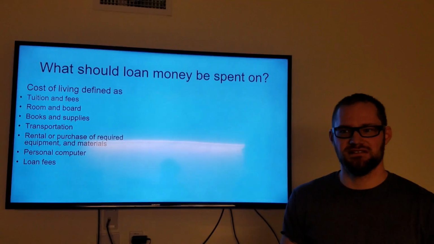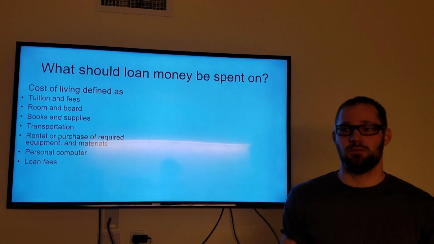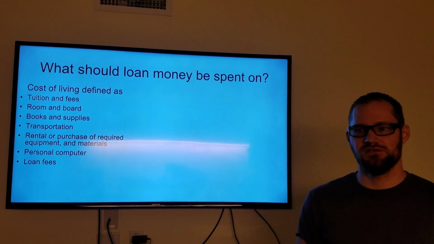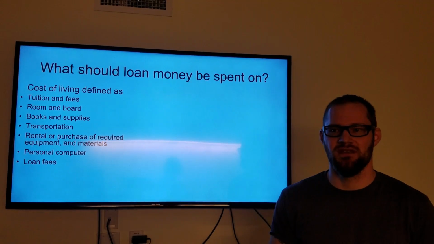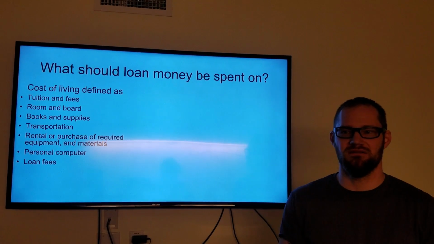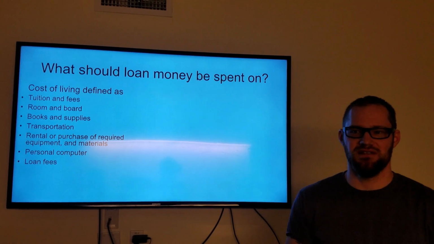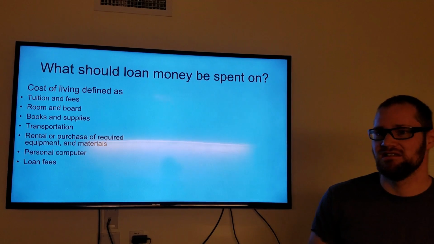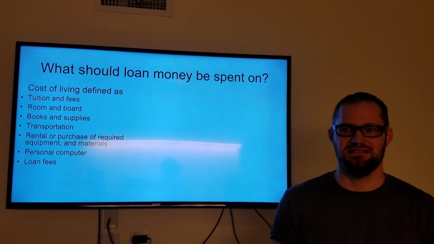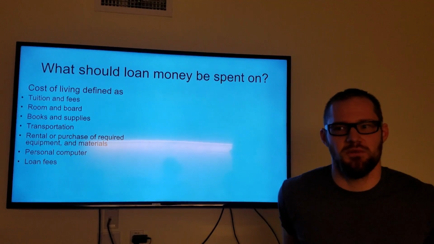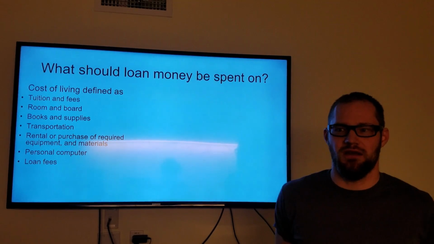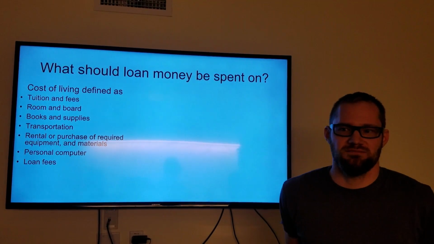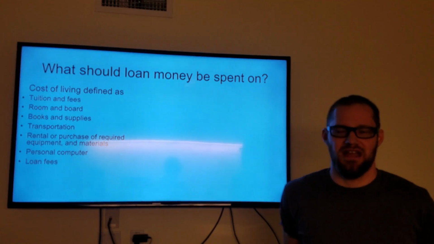Miscellaneous personal expenses, cost of rental or purchase of required equipment, materials and supplies, personal computer, if enrolled at least half-time, dependent care expenses, disability-related expenses, loan fees, licensing and certification fees for students enrolled in programs requiring the student to obtain professional licensing or certification, reasonable costs associated with study abroad programs approved for credit at the student's home institution, expenses associated with cooperative education programs.